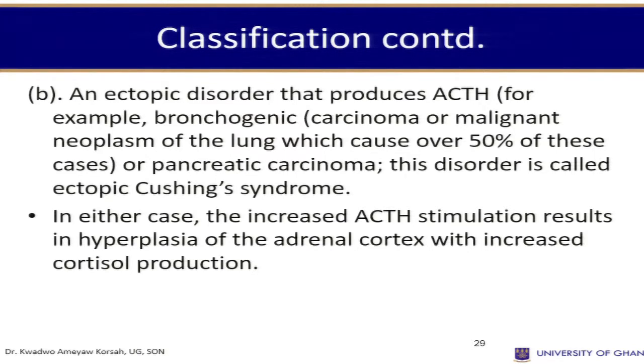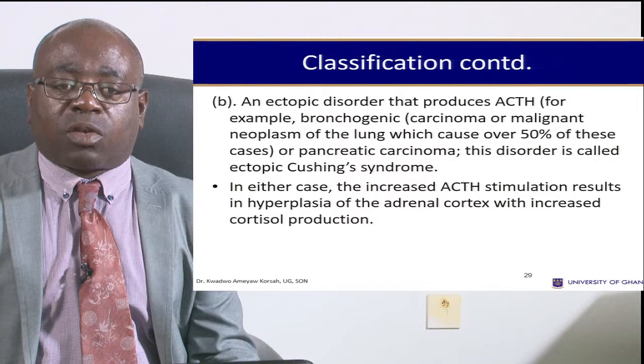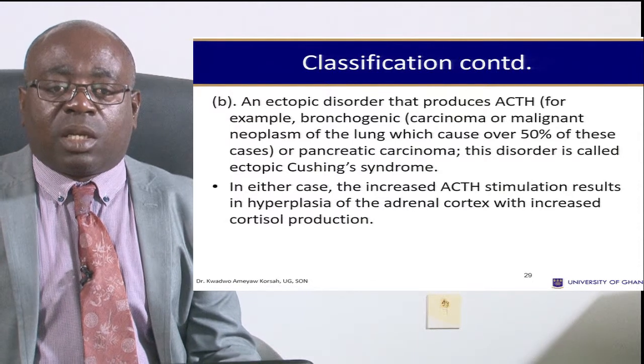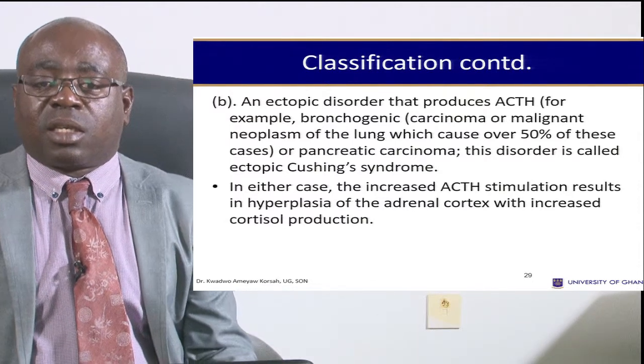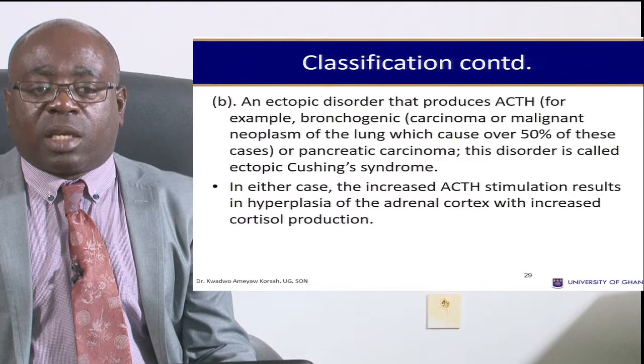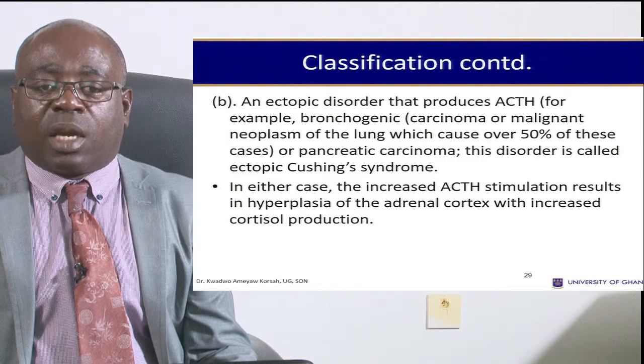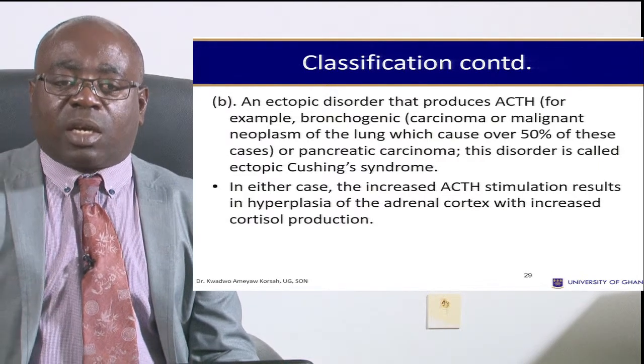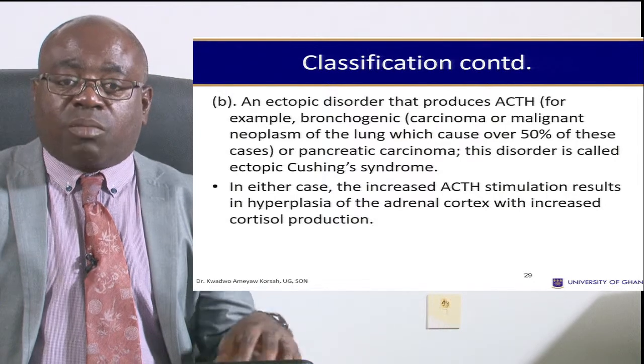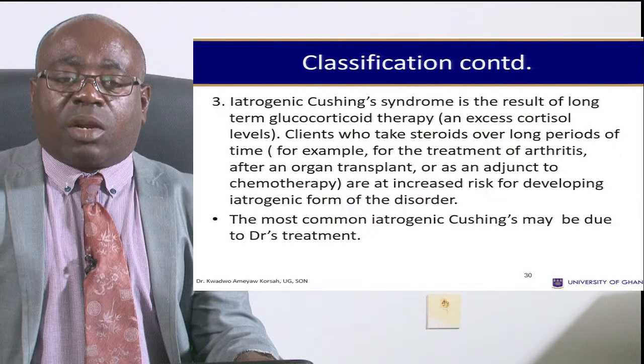And then we can also have pancreatic carcinoma. This disorder is called ectopic Cushing syndrome. In either case, the increased ACTH stimulation results in hyperplasia of the adrenal cortex with increased cortisol production, which is the main factor that we are looking at.